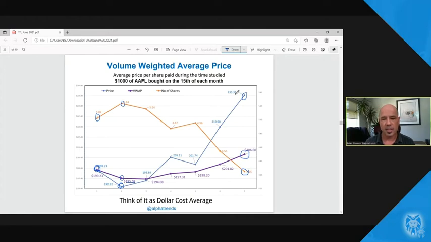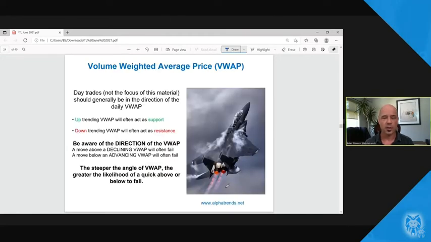We know that because we add up these 7 purchases, divide it by how many shares we have, and this is our volume weighted average price that we paid, because the dollar amount is a constant, but the volume is the variable based on the price. So the volume weighted average price is simply a dollar cost average.